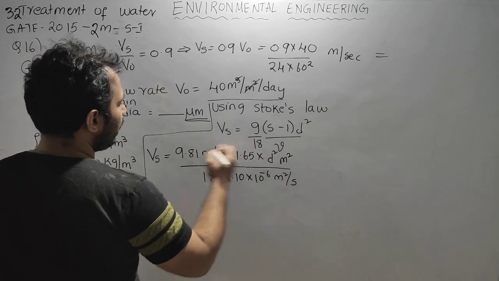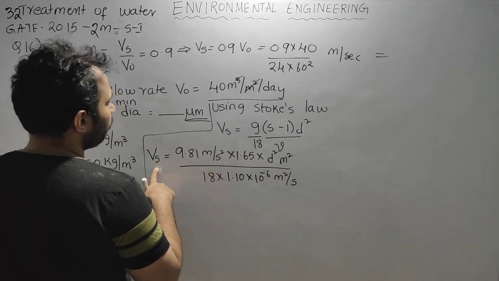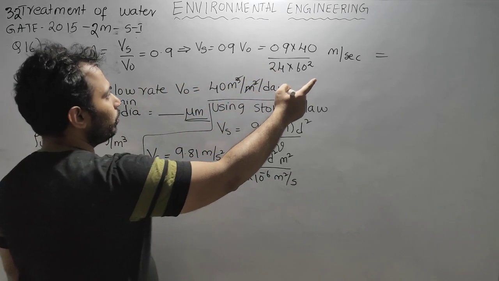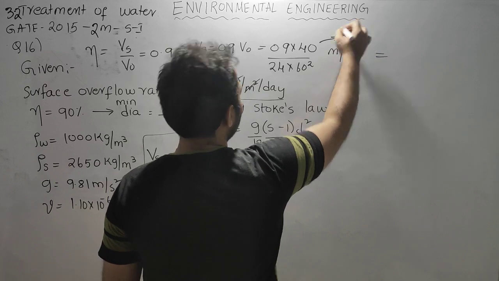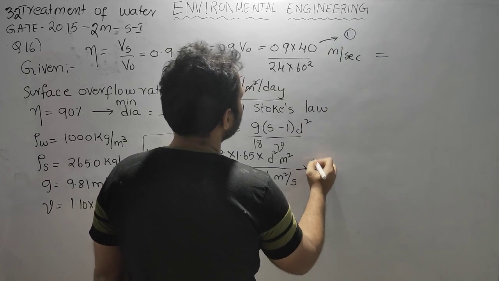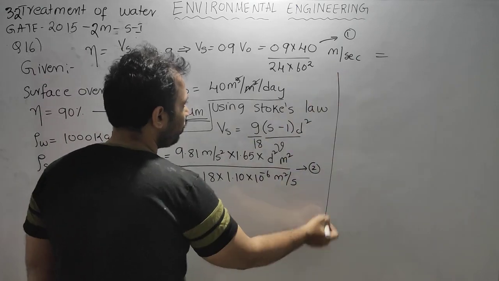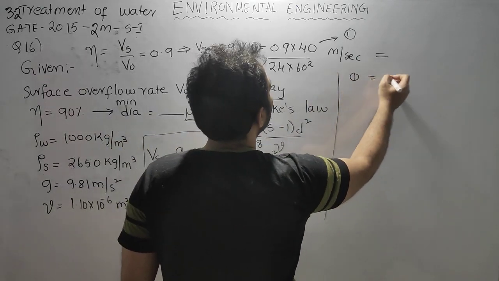So dividing this, we will get the unit of Vs in meter per second. So equating 1 and 2. 1 is also settling velocity and 2 is also settling velocity. Equate 1 is equal to 2.